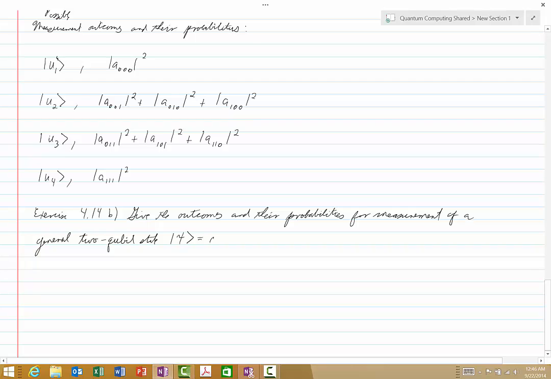equal to A0000 plus A0101 plus A1010 plus A1111 with respect to the Bell decomposition.